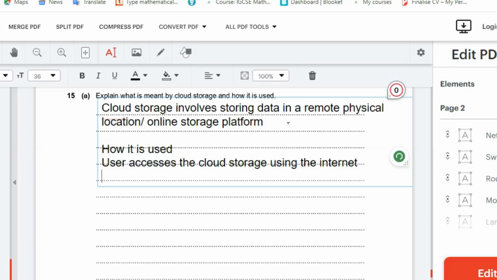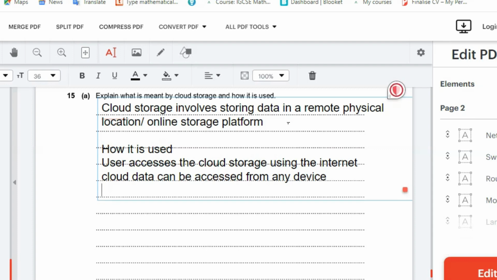Cloud data can be accessed from any device. Also, data can be shared with other users.